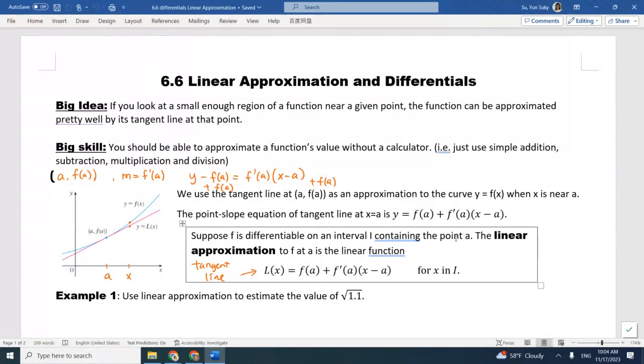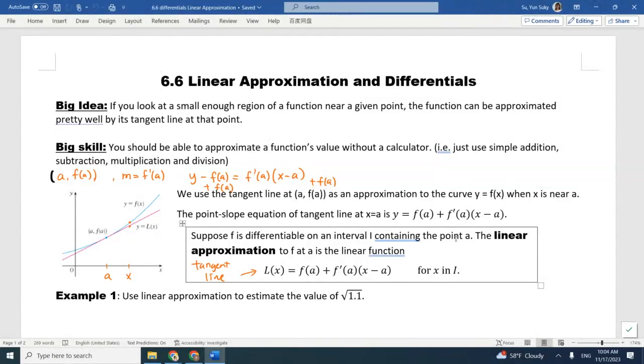And this is a good approximation if we have functions like square root, or exponential function, or logarithm function. All those functions we cannot calculate by hand. We need our calculator, right? But what if you don't have a calculator? How can you calculate square root of 1.1? How do you calculate e to the 0.15? Right, everybody? So the tangent line can help us to approximate it.